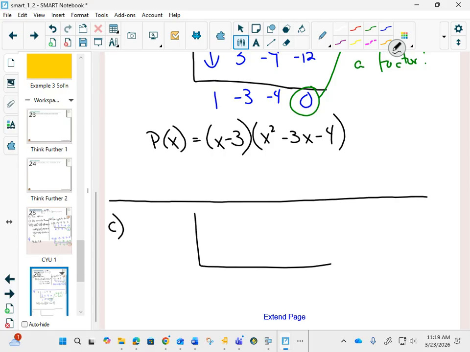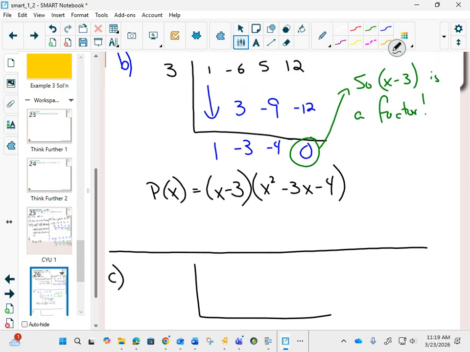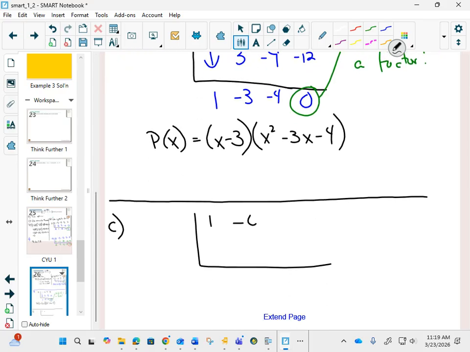Synthetic division part C. We still have the same numbers of 1, -6, 5, and 12. And in part C, we're dividing by x minus 4. So we put a positive 4 out in front. Bring down the 1. Multiply and add. Multiply and add.